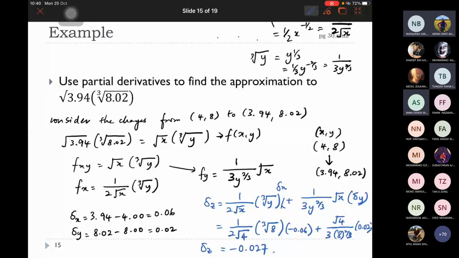Okay, the next one. Kita tengok apa nama dia. Ini dah so.